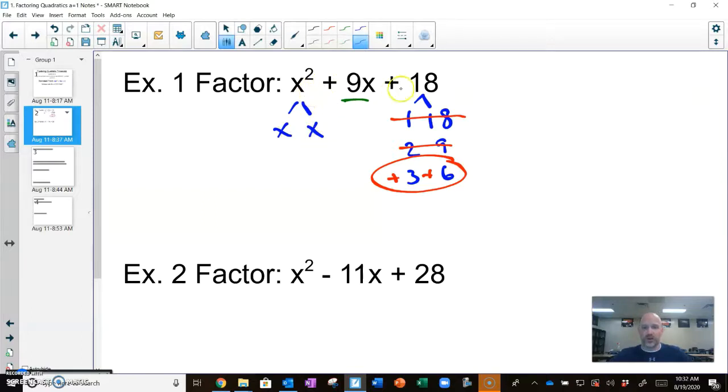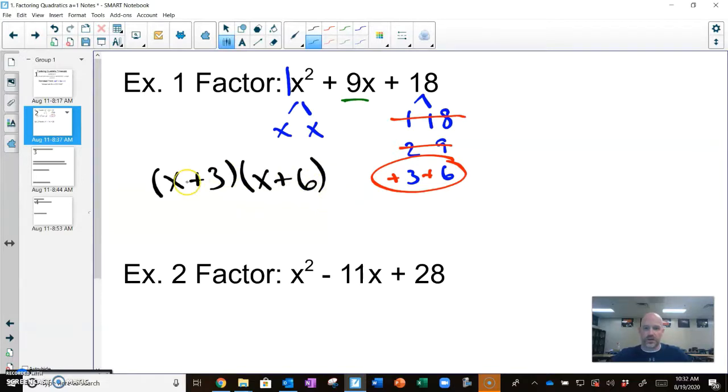So when we're factoring and we have these leading coefficients of 1, we're really just looking at this c term and asking what are factors of c that combine to this value of b. Because then I can write this as the product of x plus 3 and x plus 6.